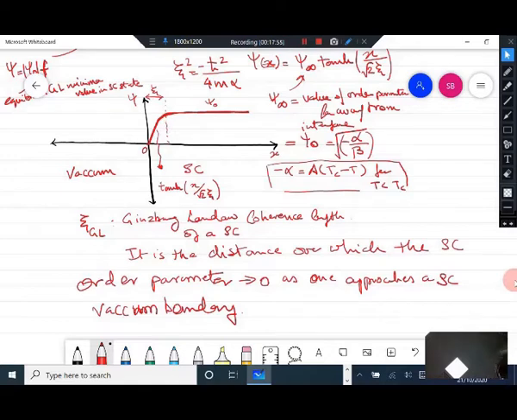Okay, so the distance xi over which the order parameter actually goes to 0.